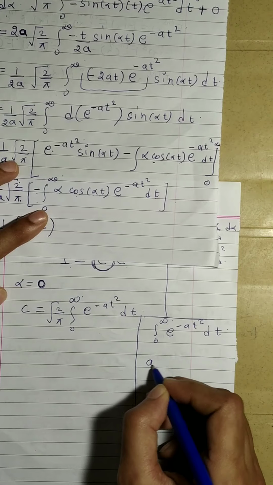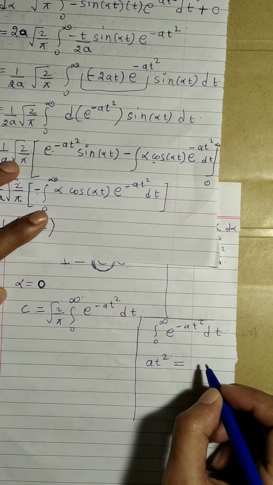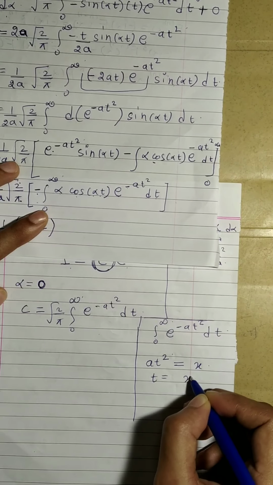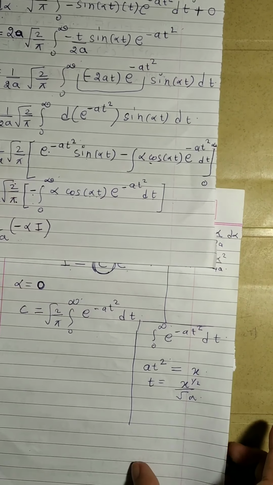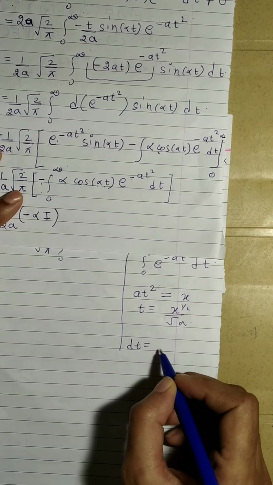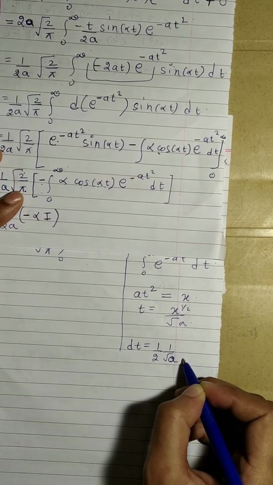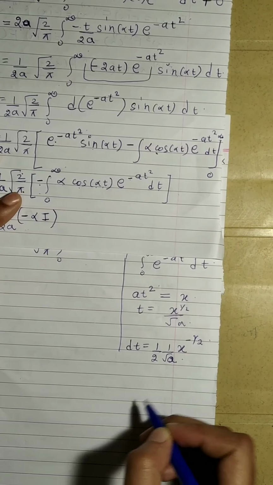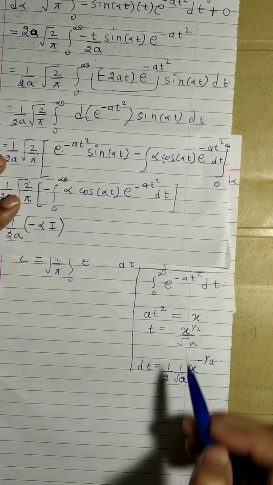We'll use the substitution a t square is equal to some x, so t is equal to x raised to half by root of a. So dt is equal to half, 1 upon root of a, x raised to minus half dx, and the limits will remain the same.